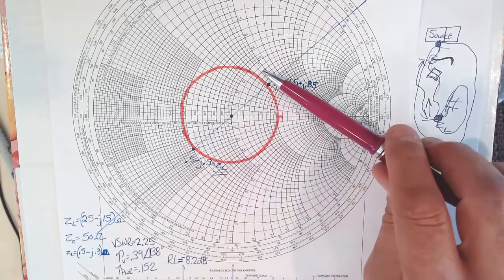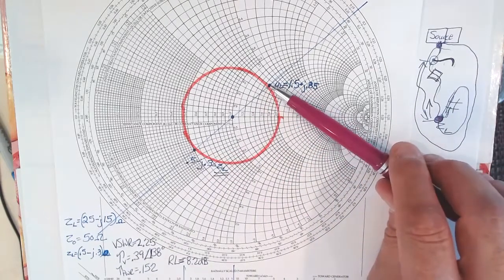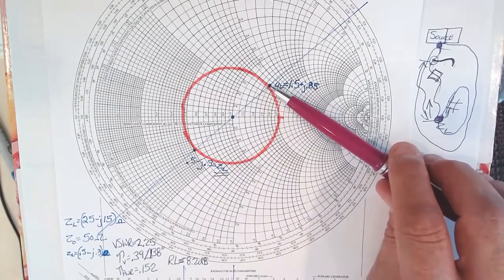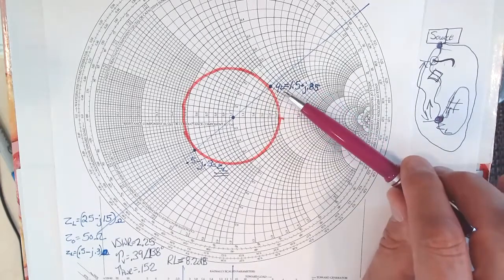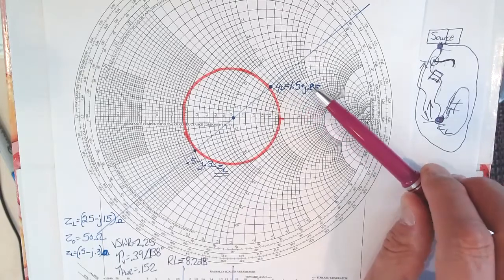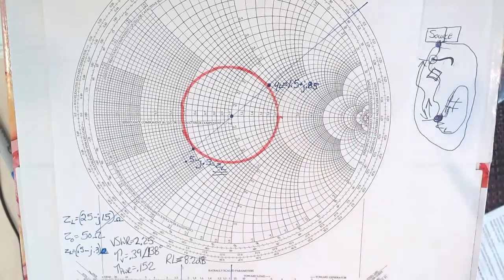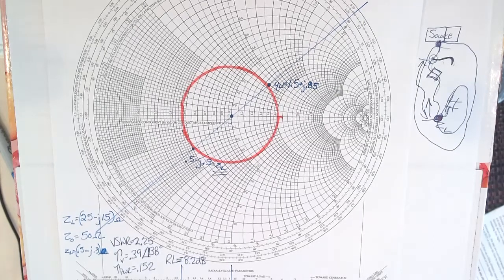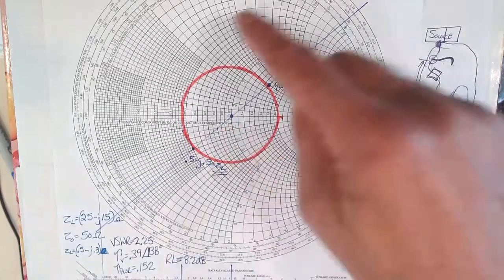On the other side of the VSWR circle, if I were to read this off, is Y sub L, the admittance, equals 1.5 plus j 0.85. That would be the reciprocal of 0.5 minus j 0.3. It's rounded a bit, but you get the idea. I think it's actually 1.47 plus j 0.88. It's pretty close. I couldn't draw the circle close enough.